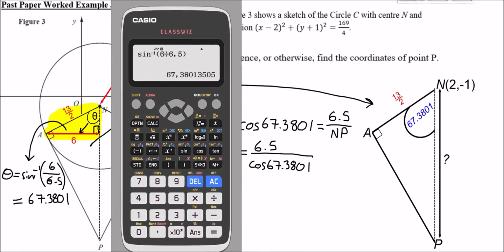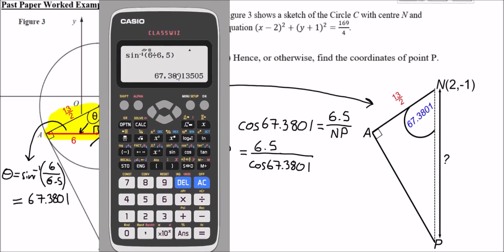Now if you've got that number stored, what I'd suggest is to leave that there. So if you press on and clear it off, that's going to be stored as your ANS. So if you press ANS, it's stored.